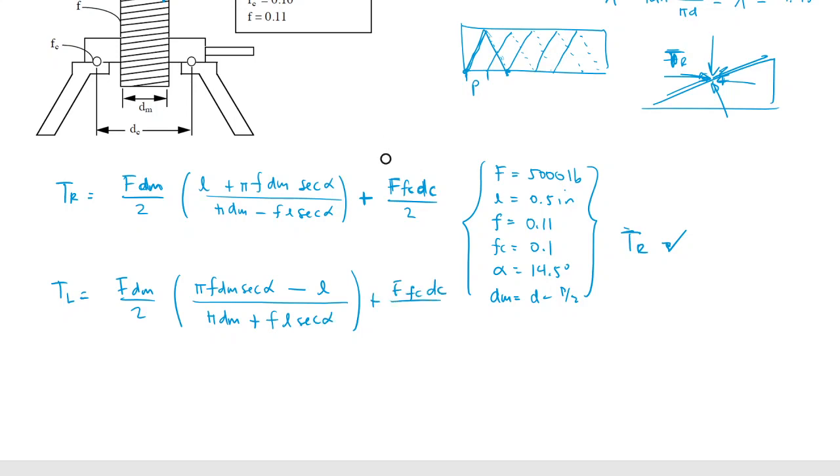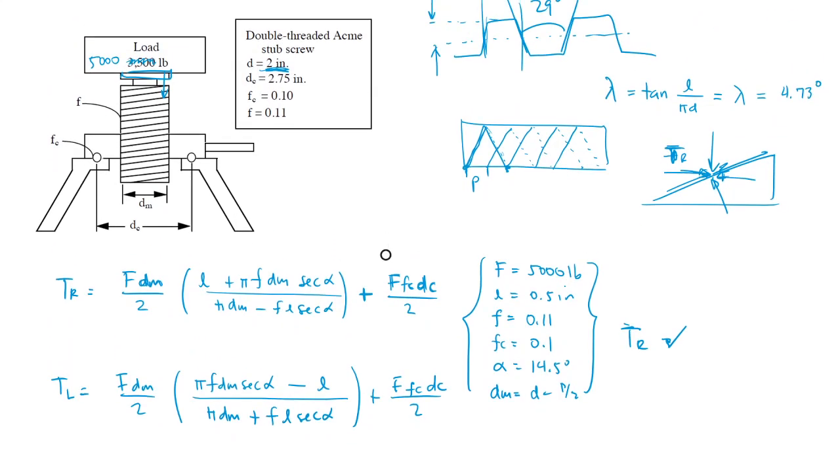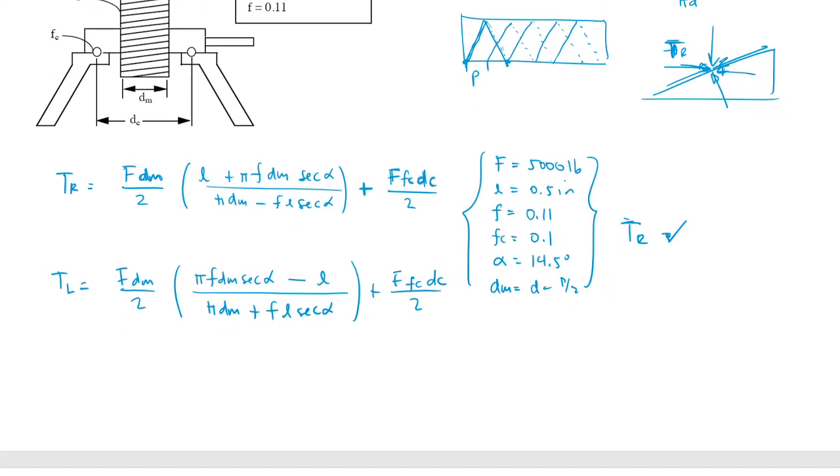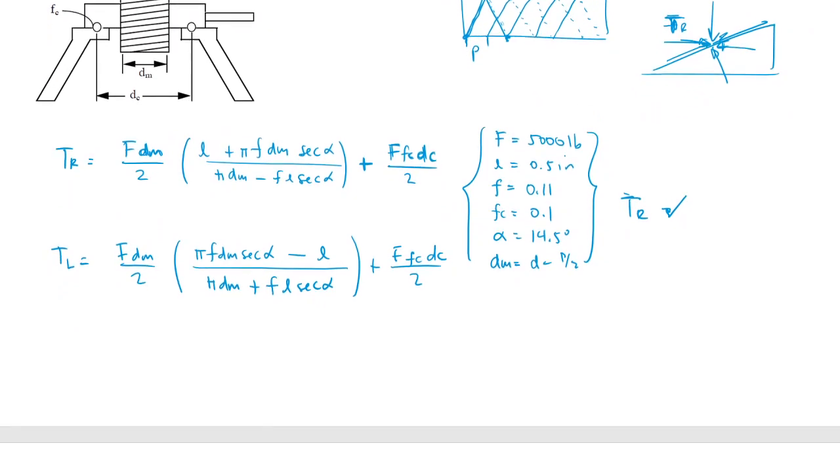The second term is just the friction of the collar, so it doesn't matter whether you're raising or lowering the load. There's always going to be that friction between the collar and your load, right? Or the screw, whatever is having the friction with the other. Okay, and again with the same values, all that's changing is just the numerator and the signs. And I would have TL. Sorry, the torque required to lower the load.